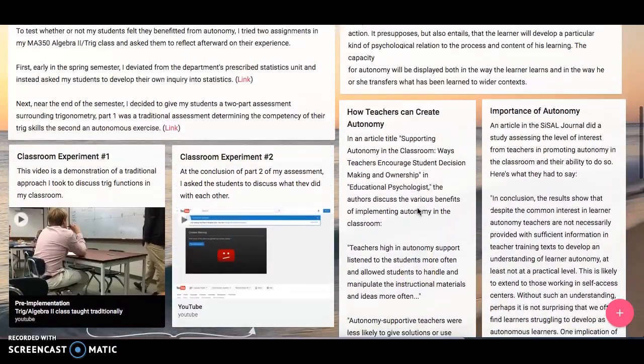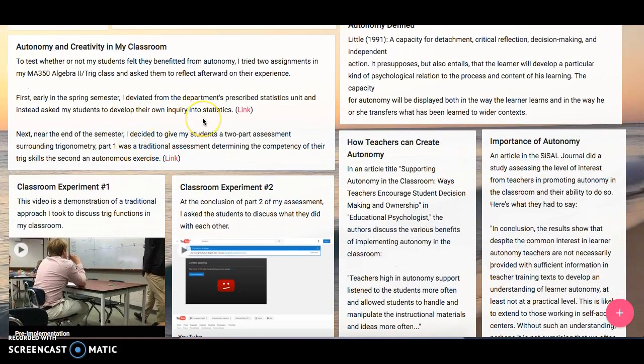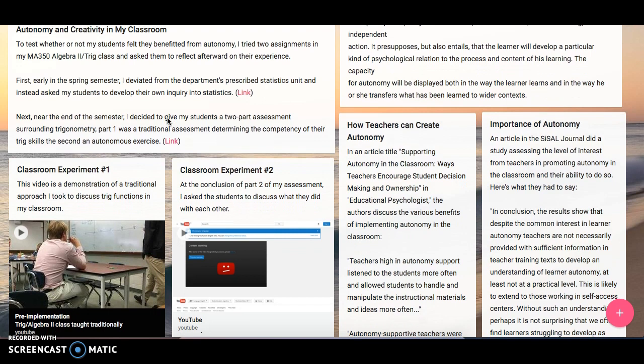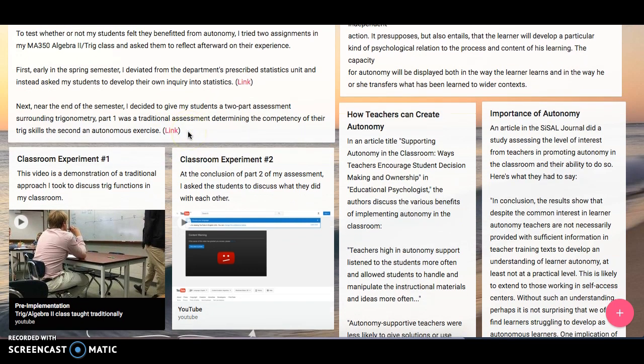And the way I did it is, you can see here, in the spring semester, I created two different projects. So one was a statistics unit project, and another was a project that came at the conclusion of our trig unit. And so if you click on either of these links, you'll be pulled up to what the project was.